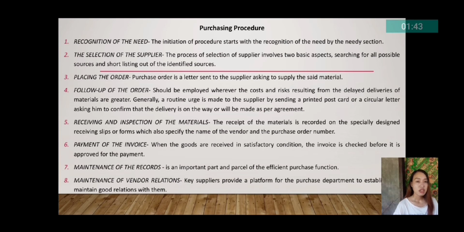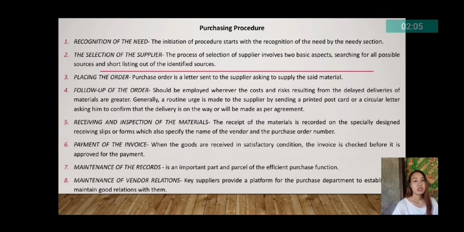So, in following up the order, confirm the agreement by text or printed card with the exact date, so the order arrives on time as agreed.